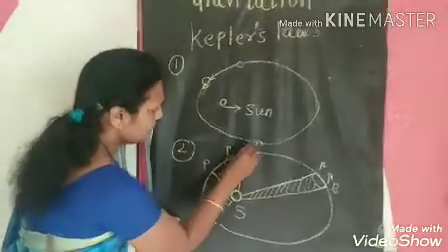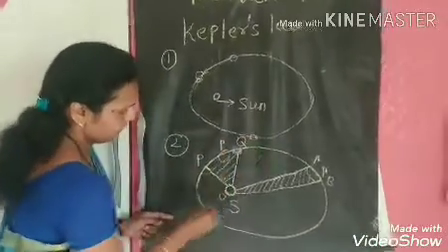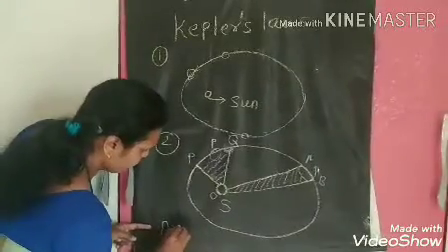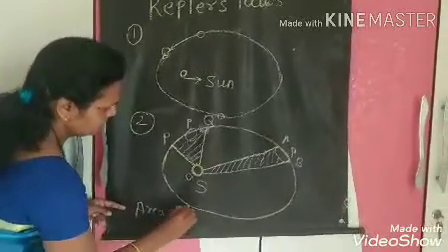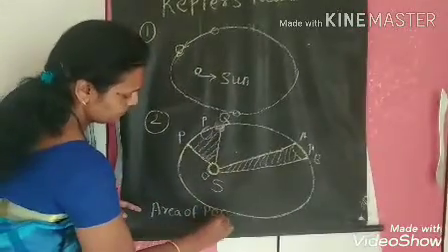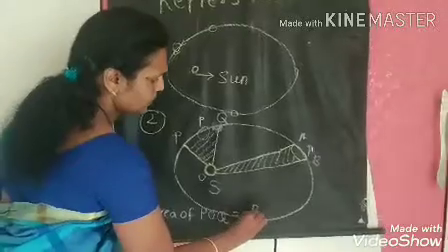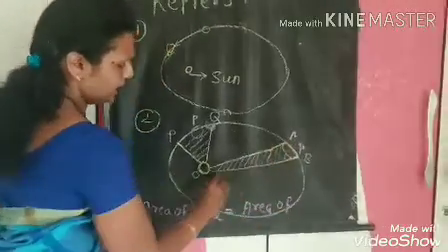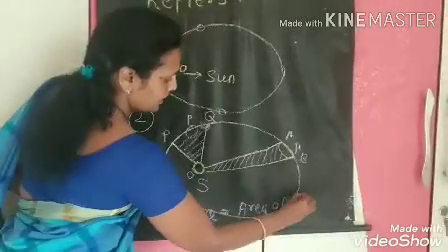Suppose here are P, Q and here is O. Then area of POQ is equal to area of AOB.